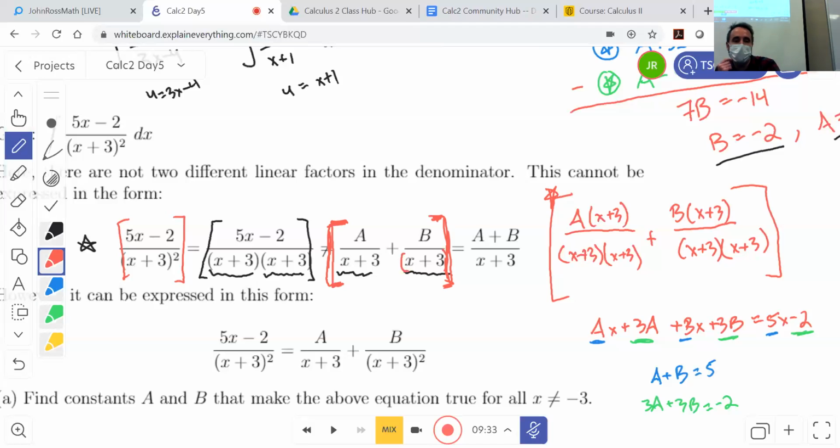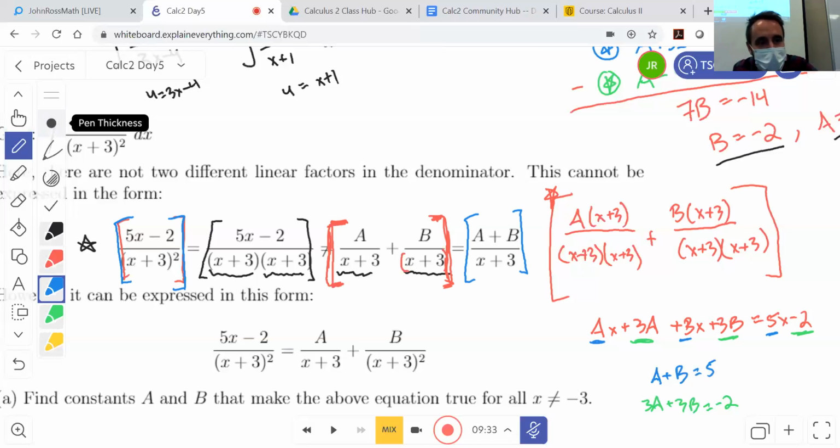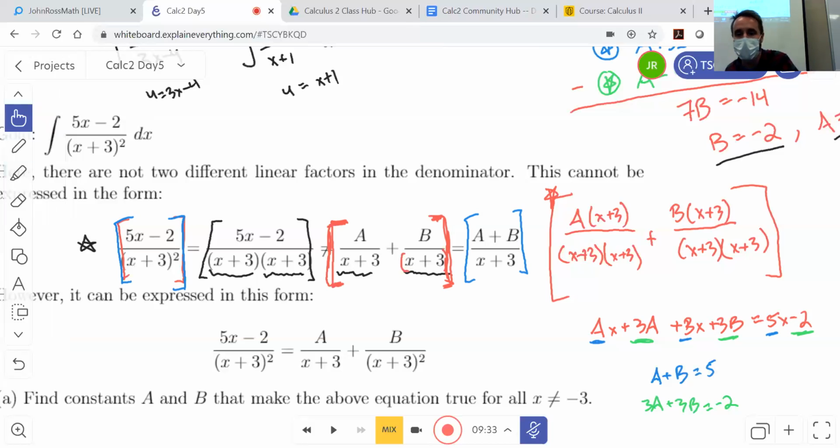And now there's no guarantee that this expression over here can be rewritten into this expression over here. In other words, as we try to break this up across the partial fraction A over x plus 3 plus B over x plus 3, there is no way to do it because x plus 3 already was our common denominator. So that's a bummer. Our strategy from before no longer works.